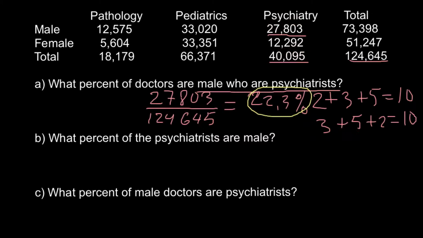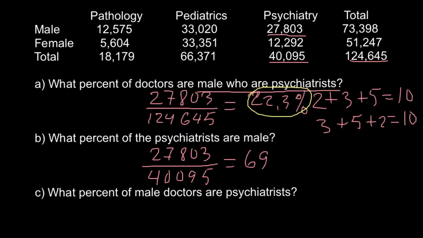So once again, we divide 27,803 by the total number, that is 40,095. The answer here would be 69.3%. And I think this is clear.